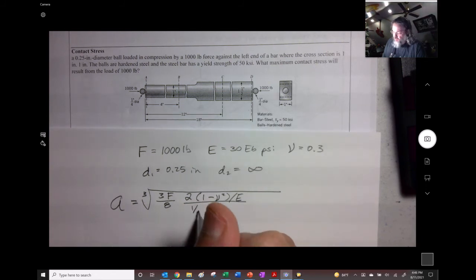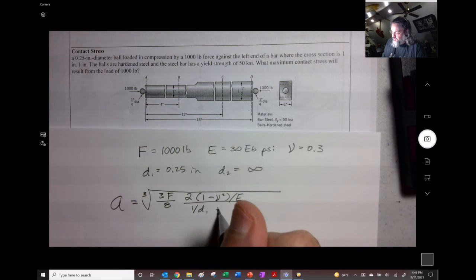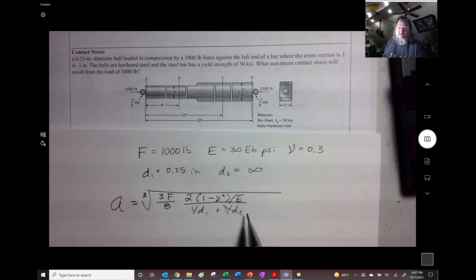And then we have 1 over d1 plus 1 over d2, but d2, remember, is infinity, so that one just goes to 0.